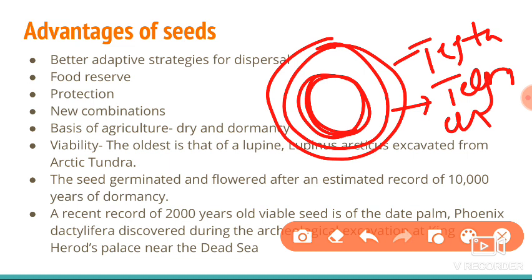Two coats we can find here: the outermost one is testa, and the innermost one is tegmen. These are the two coats of the seed, and the embryo is going to be well protected here. Wherever harsh conditions are there, whatever things they are going to face, those are mainly handled by these two layers. This is the important thing about protection.